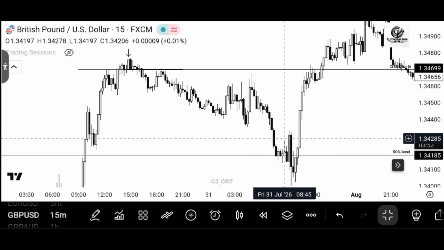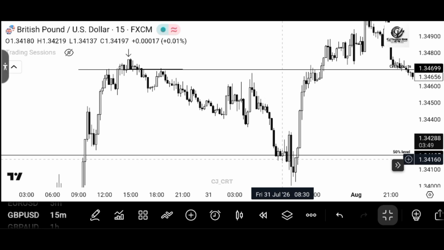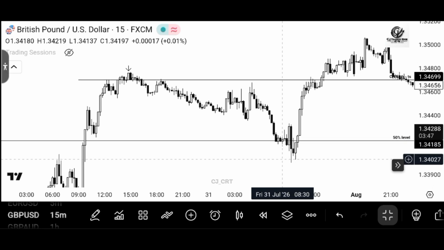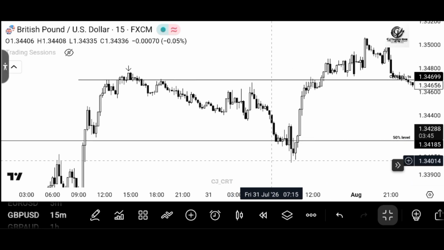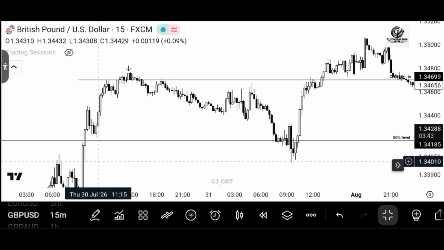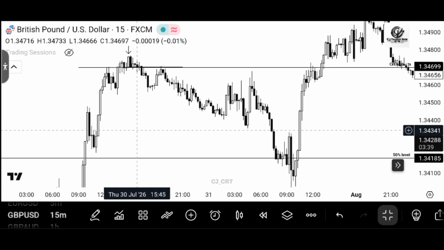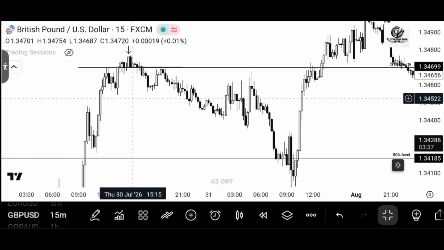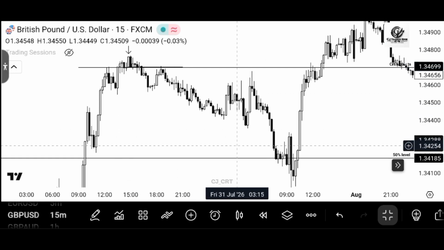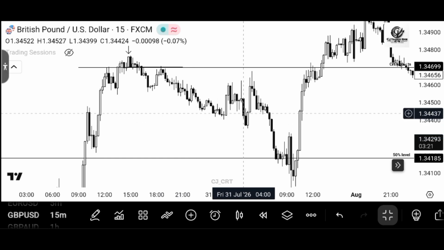From this level to this level, it's okay. You don't need to chase any other thing, especially when we are bullish. If we are bullish and you're bearish in a bullish market and you're looking for CRT lows, I would say you are a very silly person.